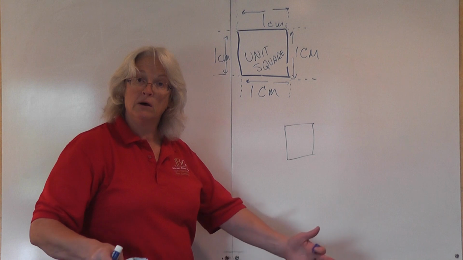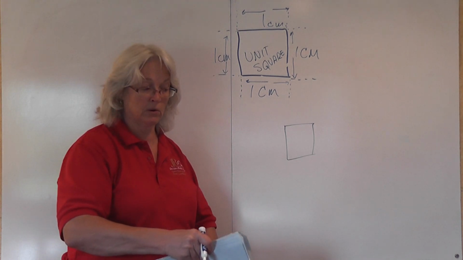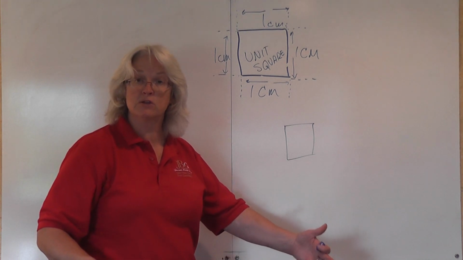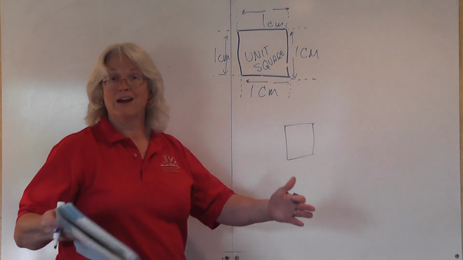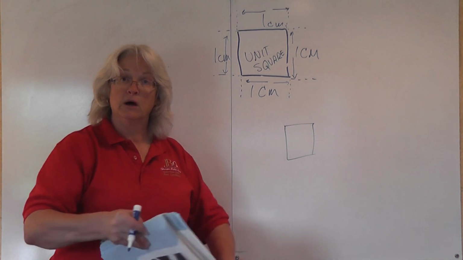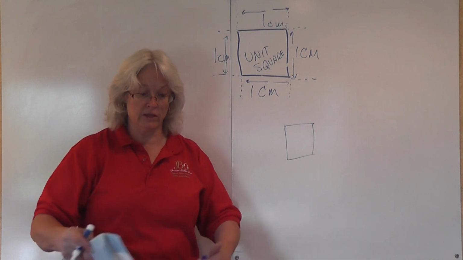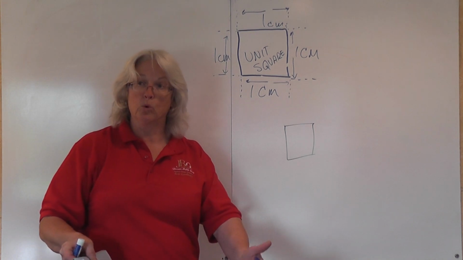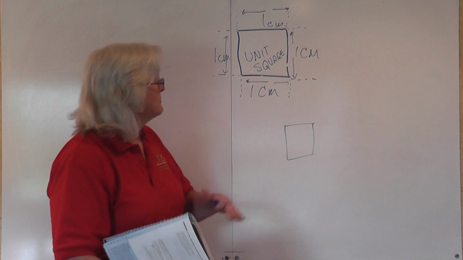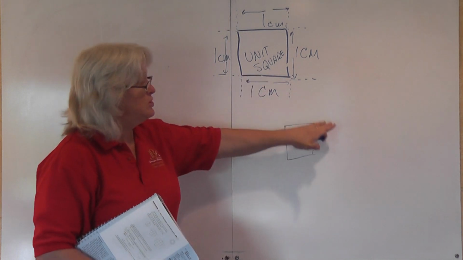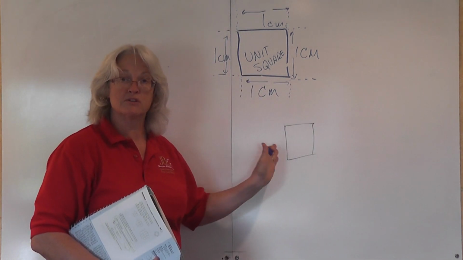Square marble tiles or stone tiles that you walk on. Really old-fashioned linoleum tiles, vinyl tiles. You have parquet wood flooring that is square wood tiles set into a floor. And those are unit squares.